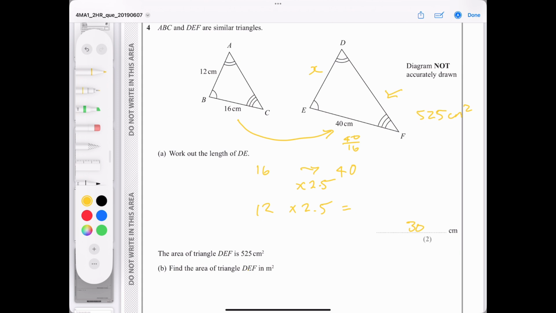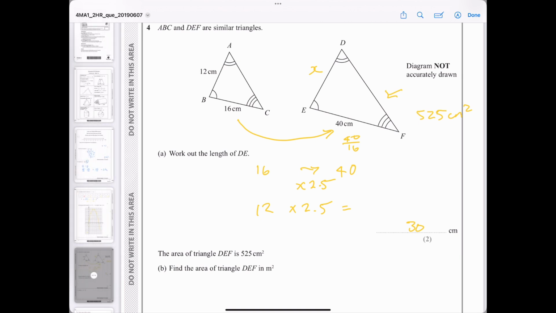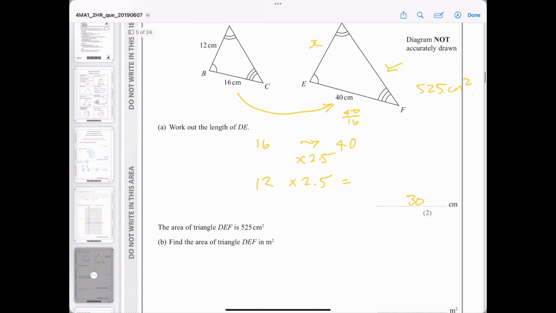Find the area of triangle DEF in metres squared. Okay, that's really irritating. So 525 centimetres squared. Your inclination is to say 5.25 metres squared, but it's not going to be that.